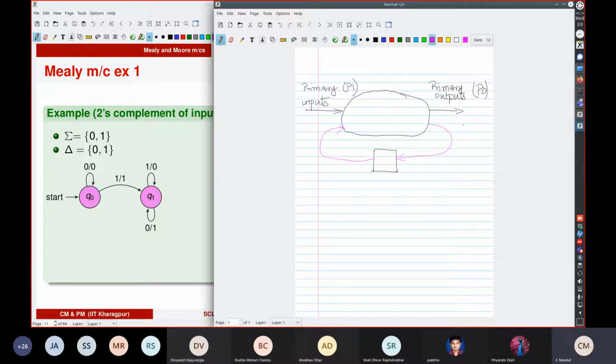and these are your secondary outputs. Call this SO, and these are your delay elements. And this is your combinational circuit.